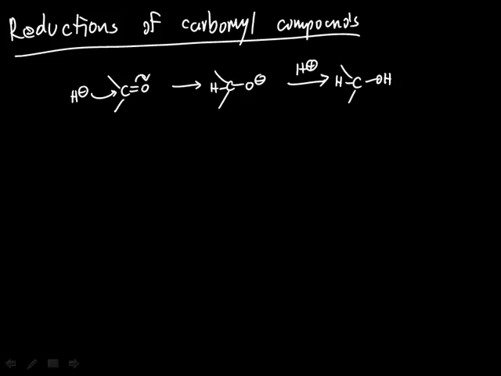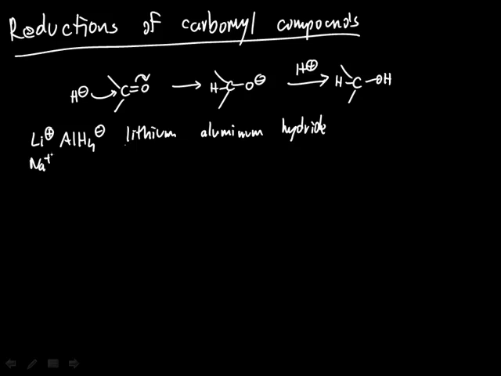And so this is a reduction of a carbonyl compound through sequential addition of first hydride anion and then hydrogen plus cation, i.e. proton. The sources of hydride anion are two compounds that are very commonly used: lithium aluminum hydride and closely related sodium borohydride.